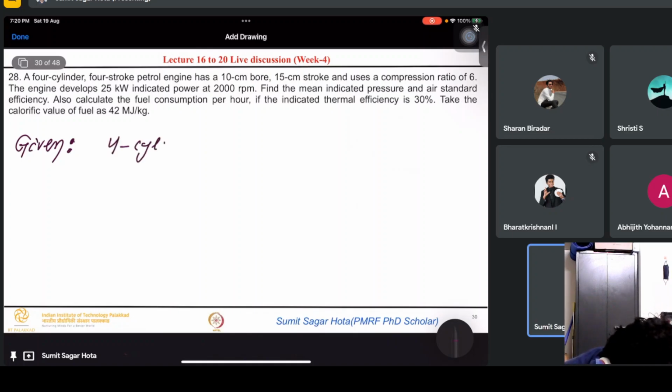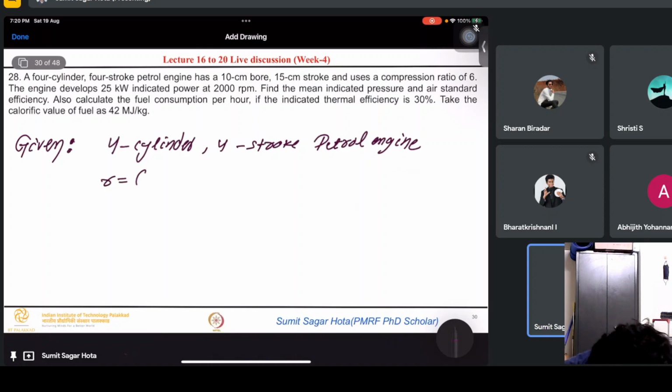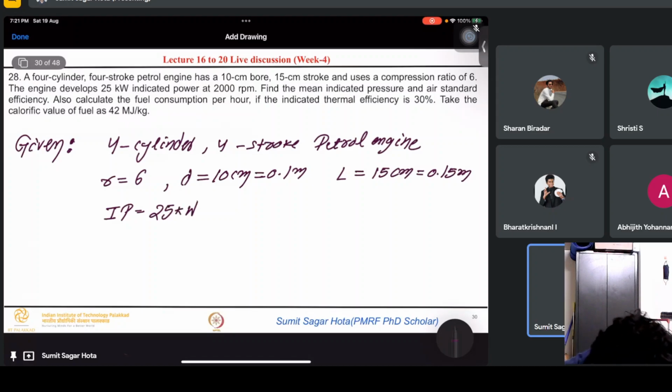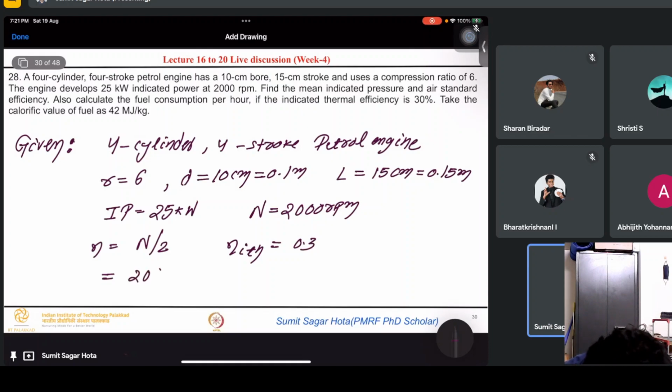You have to write down: 4-cylinder, 4-stroke, petrol engine, r = 6, D = 10 centimeter = 0.1 meter, L = 15 centimeter = 0.15 meter, indicated power IP = 25 kilowatt, N = 2000 rpm, and small n is equal to capital N divided by 2, and indicated thermal efficiency is 0.3. So n equals 2000 rpm divided by 2.